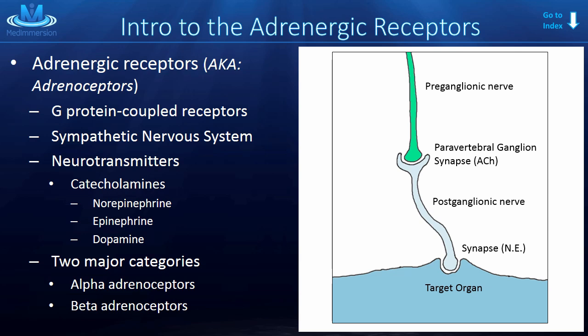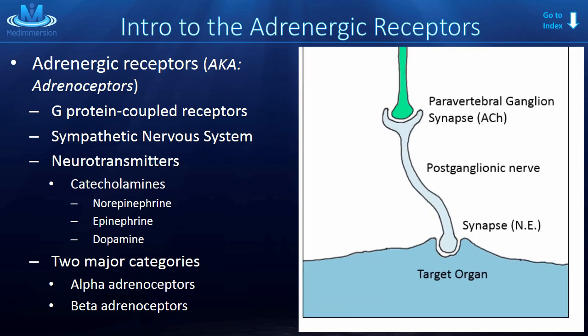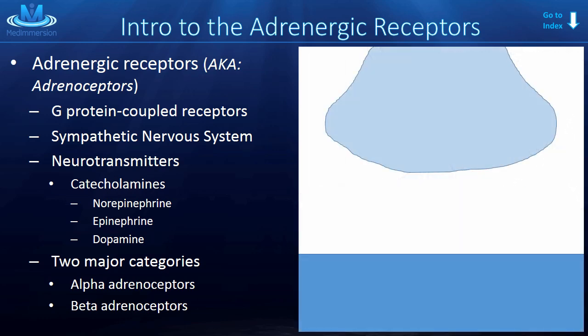What we are interested in for this lecture is where the postganglionic nerve contacts the target organ. This is where the magic happens. This is where the adrenergic receptors are. The normal physiology is that a nerve impulse travels down the presynaptic nerve until it gets to the end.